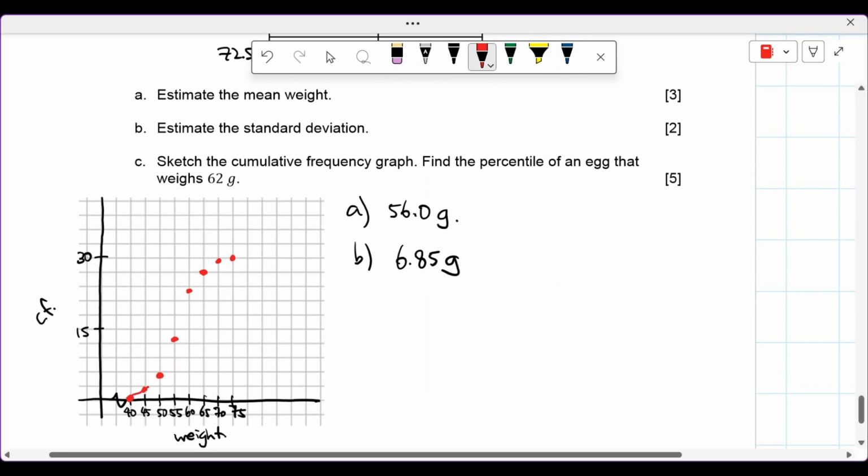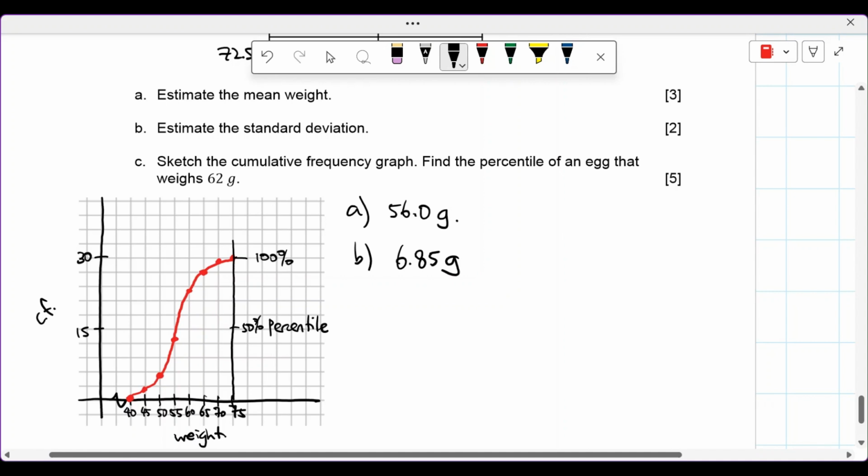So, connecting these graphs smoothly, I get a graph like that. Now we can add one more vertical line here on the right-hand side to show the percentile. With the top being the 100%, and then the middle one being the 50th percentile.